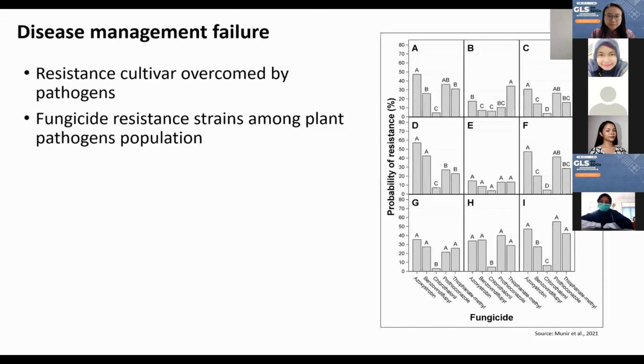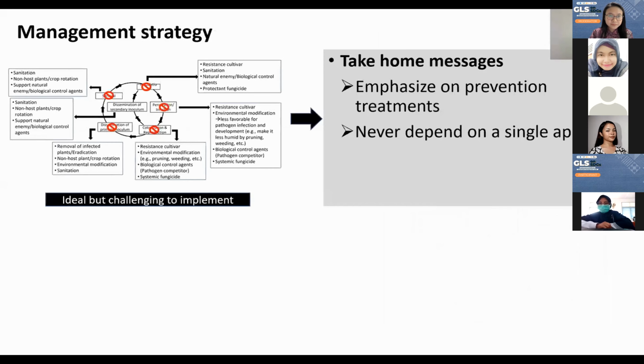In some of my studies, I have been looking at the development of resistant strains among pathogen populations. This data is from one of my studies, when I was detecting fungicide resistance among pathogen populations causing disease on peanut to several fungicides. And we found resistant populations to many fungicides that we usually use to control this disease. So this happened. It really happened.